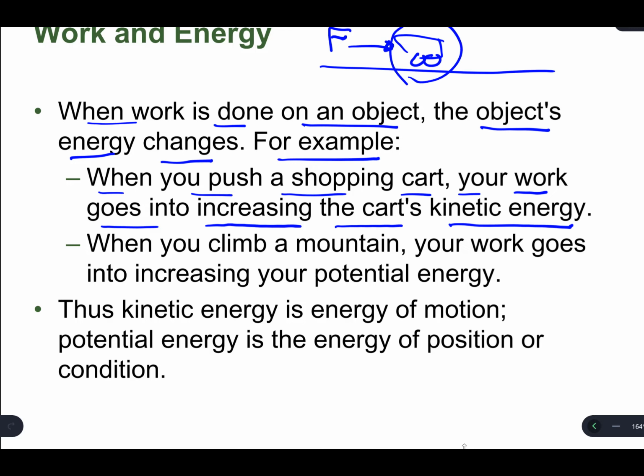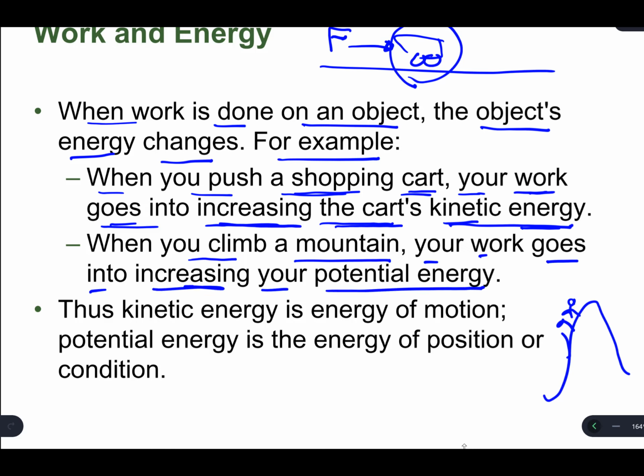Or it may be at rest, stationary, and when you push it, it now has a speed. So when you push a shopping cart, your work goes into increasing the cart's kinetic energy. When you climb a mountain, your work goes into increasing your potential energy.